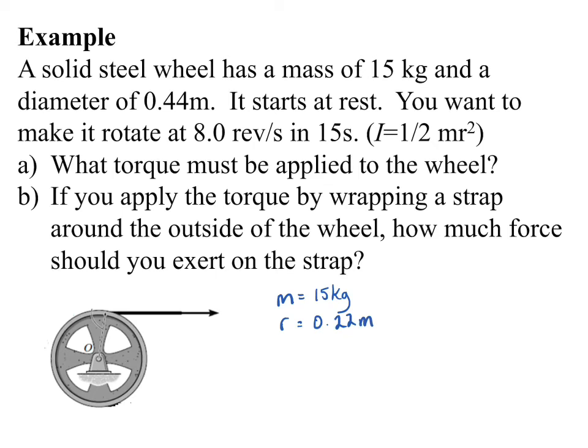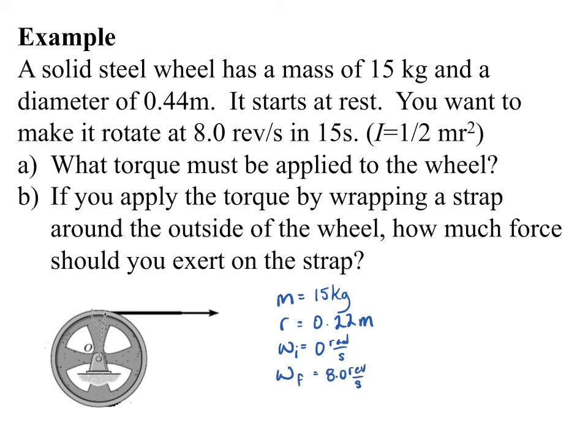It starts at rest, and then we're going to make it rotate at 8 revolutions per second. So for angular velocity, it's starting from rest, so 0 radians per second is our initial speed. And the final rotational speed is going to be 8 revolutions per second.